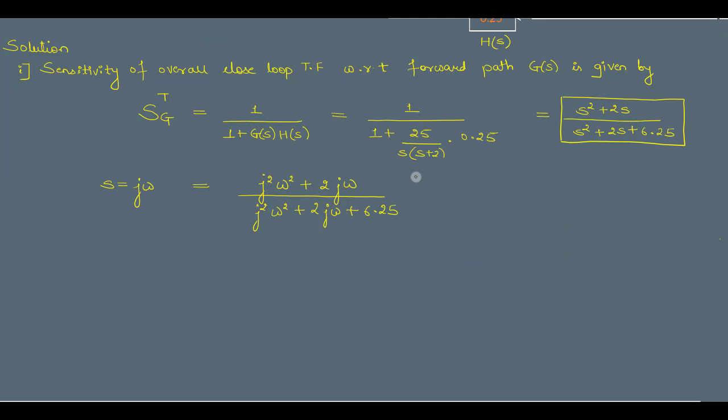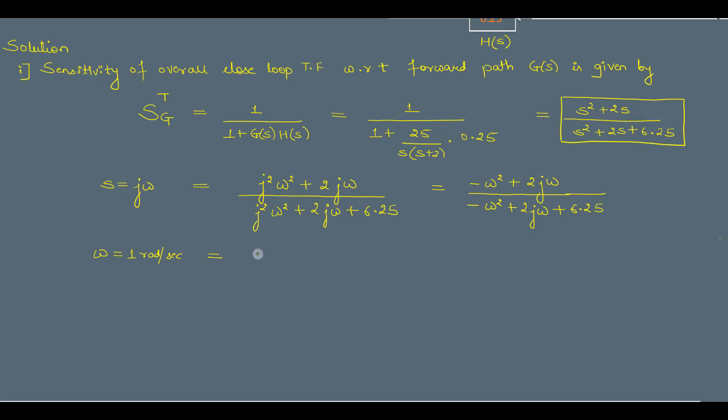Now we know the value of j square is minus 1. So I can write it as (minus omega square plus 2j omega) upon (minus omega square plus 2j omega plus 6.25). The value of omega is given to us, it is 1 radian per second.